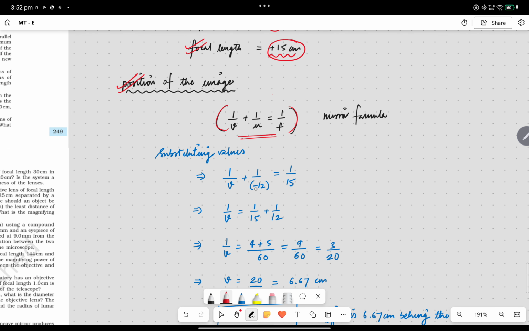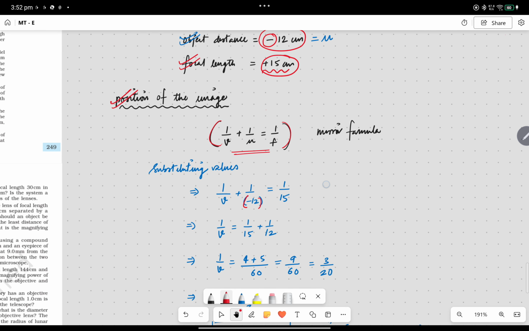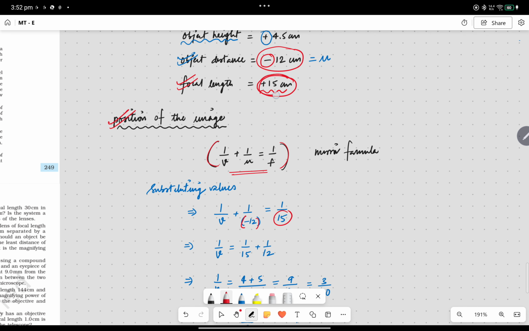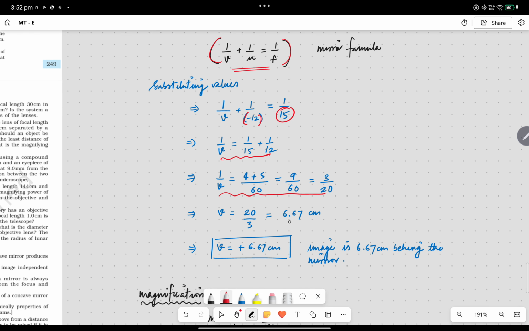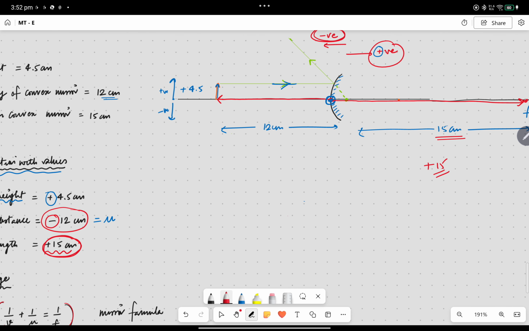Then substitute the values with the sign convention: minus 12 for u, and positive 15 for f. Then do the simple calculation, and you will reach the value 6.67 centimeter for the image distance, in the positive direction. That means the image is forming 6.67 centimeter from the pole in the positive direction.